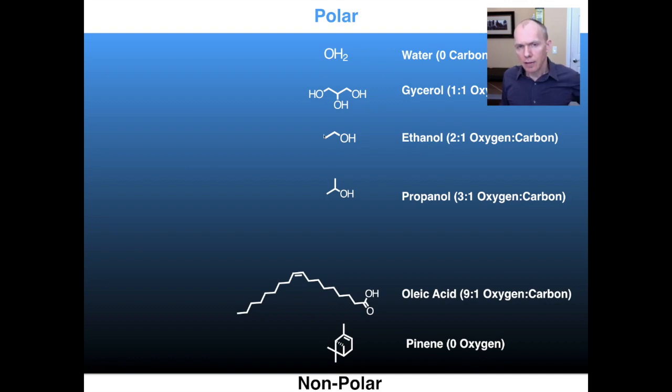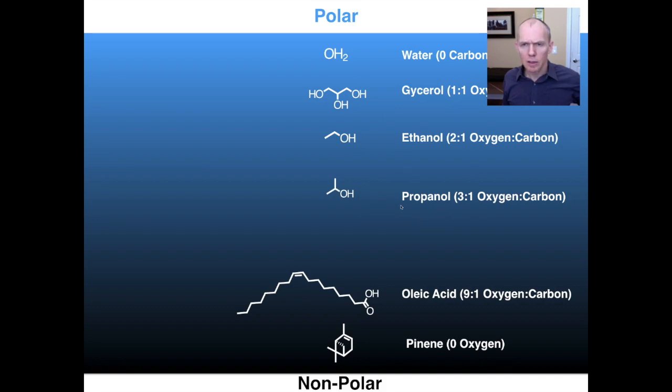Ethanol has 2 carbons for 1 oxygen. And the reason why alcohol is so great is you're able to dissolve water-soluble components, and you can get some of the fat-soluble stuff. You will get some of the compounds like the terpenoids, some of the phenolic compounds going into ethanol. And so that's a good solvent.